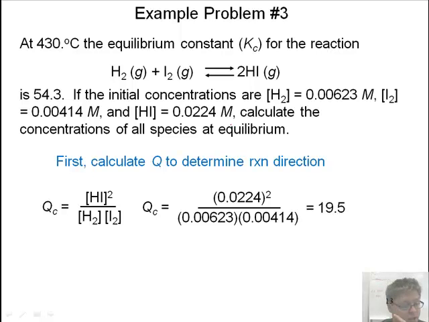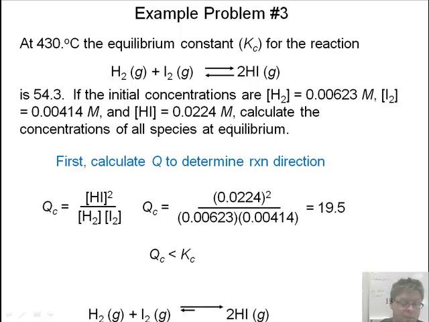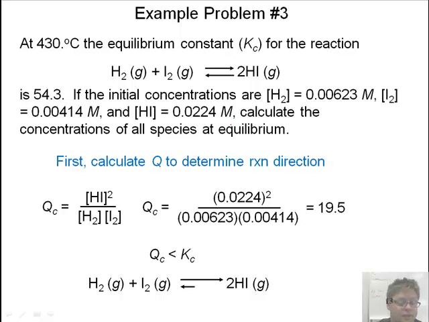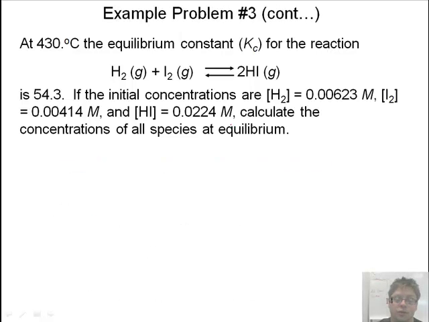So first calculate Q to determine the reaction direction. When you plug in these initial concentrations, using the previous information from the previous problem to check, the Q value is less than the K value. Because of this, the reaction is going to proceed to the right.